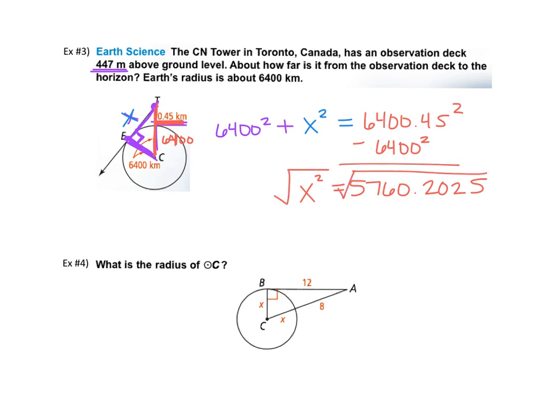So you can just go second, the square root button, and then second, and then that little answer key, ANS, and that will take that last number and drop it in. And x comes out to 75.8959, and that number just keeps going. So about how far is it from the observation deck, we would say it's approximately 76 kilometers away.